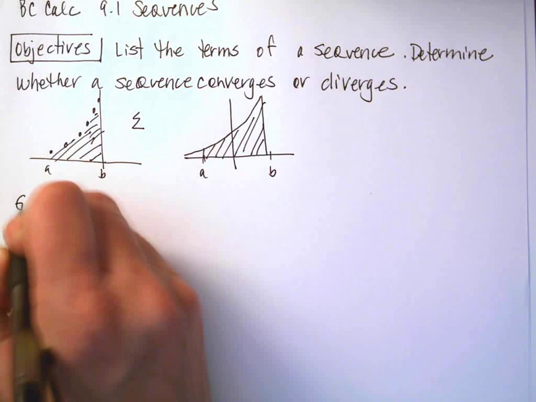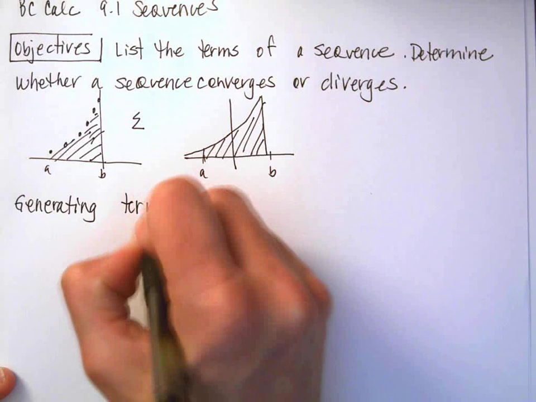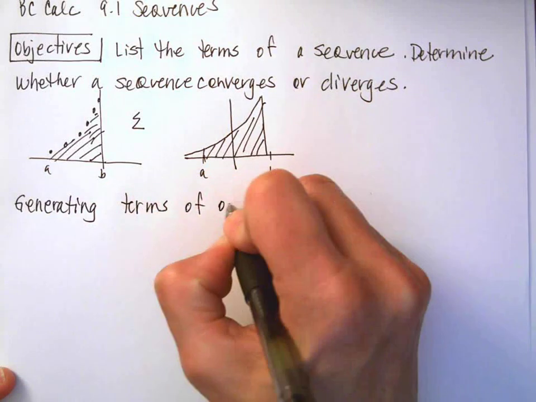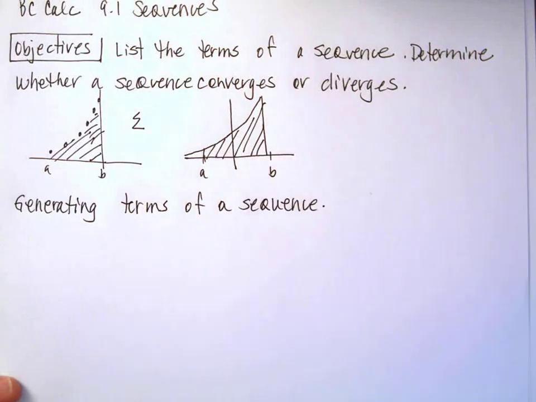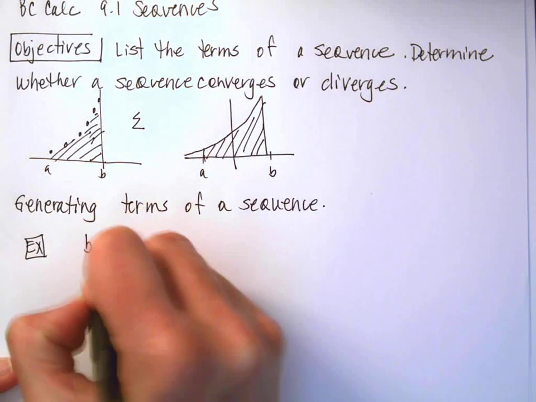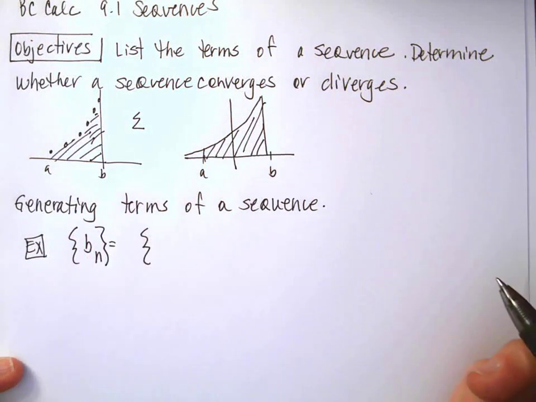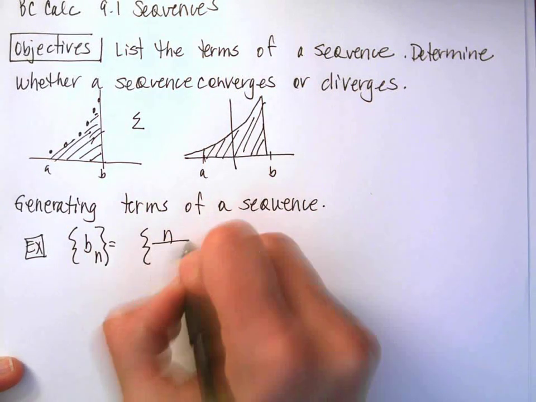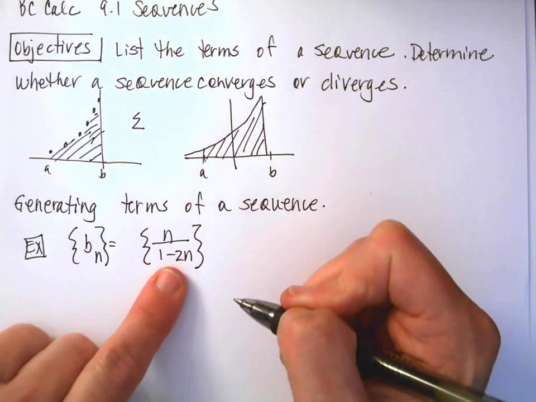Alrighty, so the first thing that we're going to do is talk about generating terms of a sequence. And we did this in our precursor video, but some of our sequence equations looked much easier, so I wanted to present them the way our book is going to present them. So maybe the first one says b sub n is equal to, and oftentimes they will put this in brackets as well, n over 1 minus 2n, so they would put the rule in the brackets.